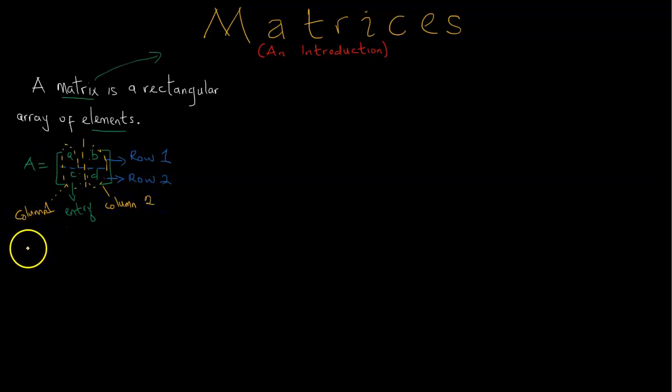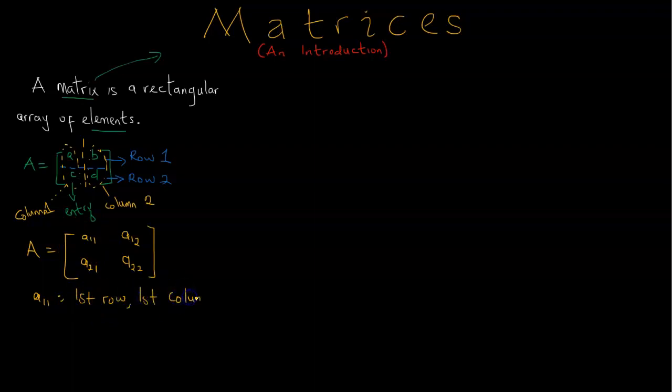Therefore, I can write A as A11, A12, A21, and A22. A11 tells us that this element right here is in the first row and first column. A12 shows that this entry right here is in the first row and second column.